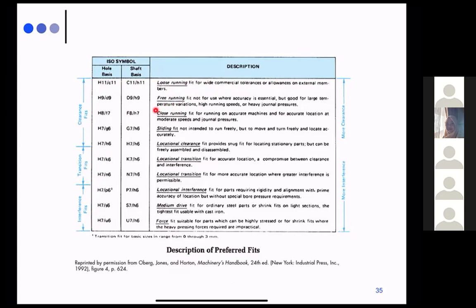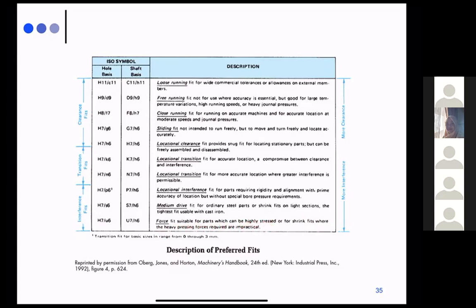This one, free running, is for when accuracy is not essential. Sliding, okay, it isn't run freely but locates accurately. And then with force, for example, it is suitable for parts that can be highly stressed, whenever we have heavy pressing forces required and practical.